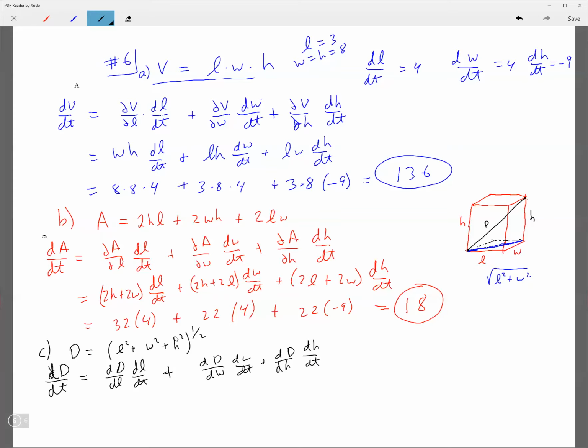Okay, so that's the derivative of this with respect to L. Let's do that over here because we don't have a lot of space. So dD dL.